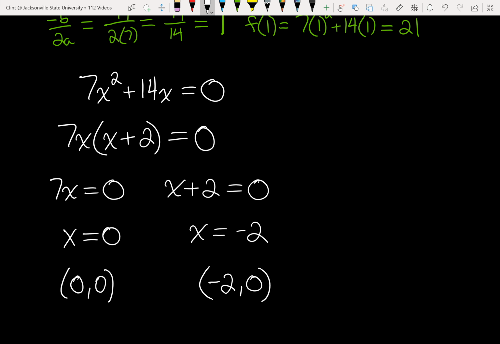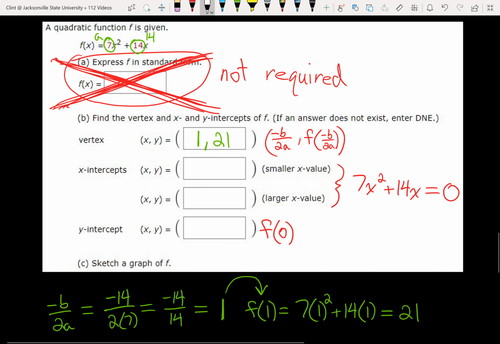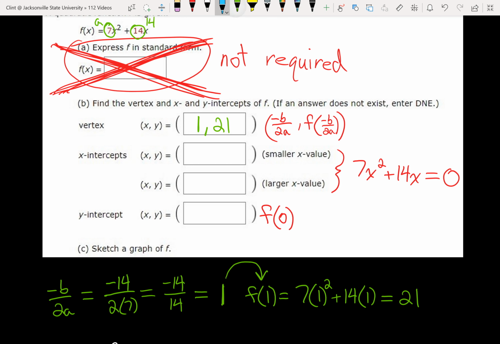So our x-intercepts, it says smaller x value there, so we'll have negative 2, 0, and then 0, 0.